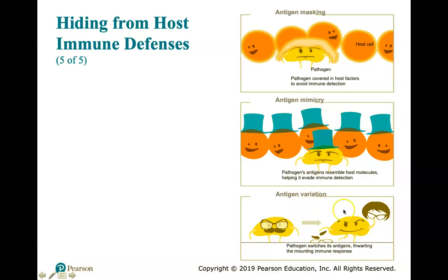And then lastly, variation. This is what the immune system sees the first time, and it's getting ready to fight this specific antigen that looks like this, and then all of a sudden, it shifts, and now the antigen looks like this. Because of that shift, when the immune system comes along and says, okay, let's fight this first antigen, it's no longer there.